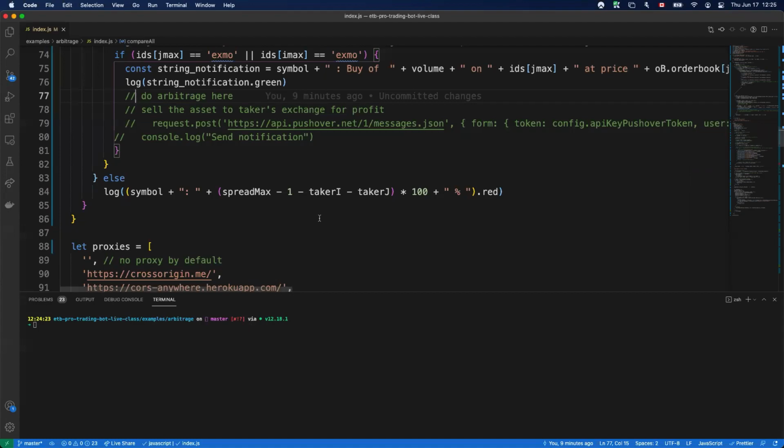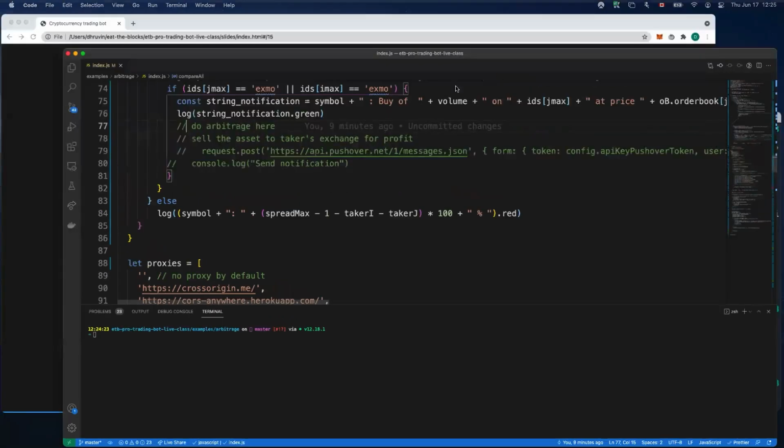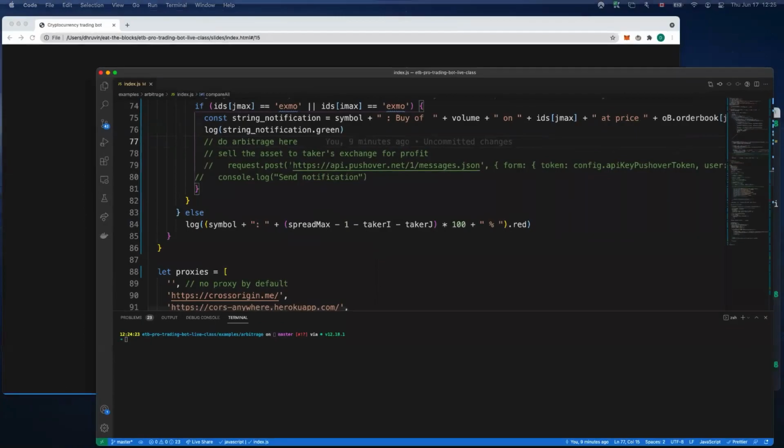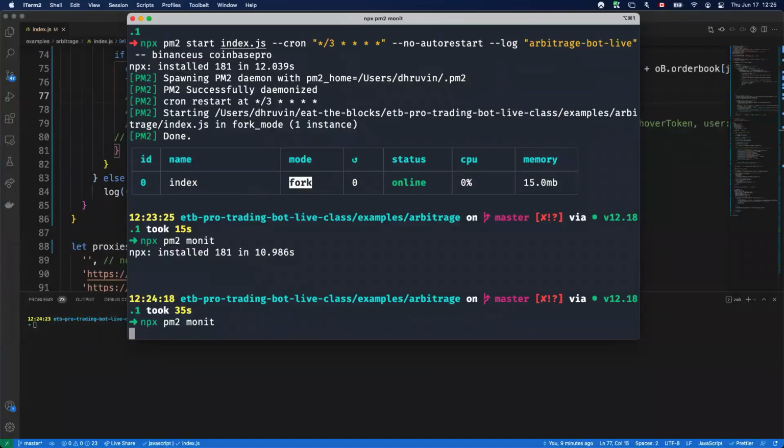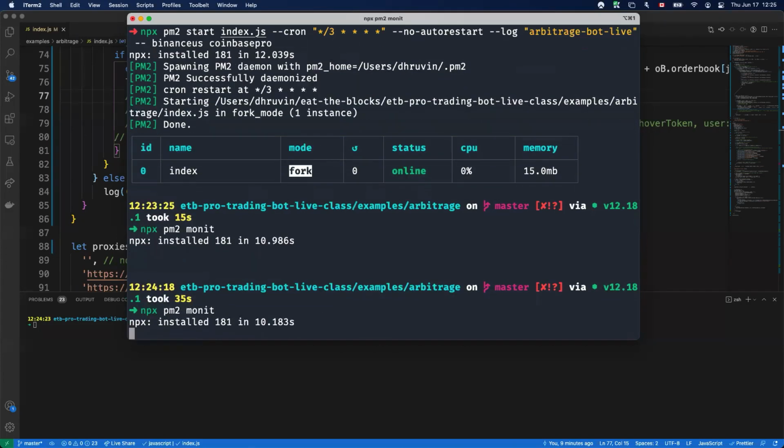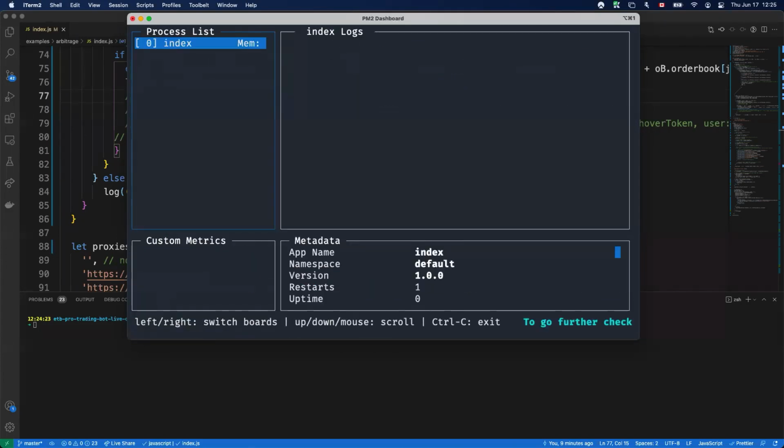So what we did is run this cron job every 3 minutes. Every 3 minutes, it will fetch all the market data and run the algorithm that we have asked the bot to perform, and then make a decision based on the calculation whether a profitable trade is possible or not.